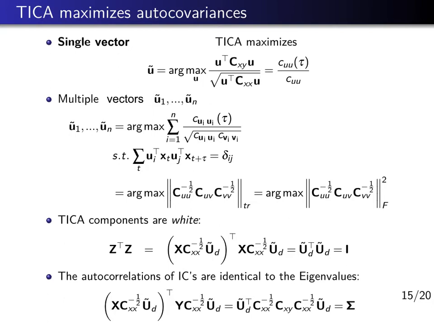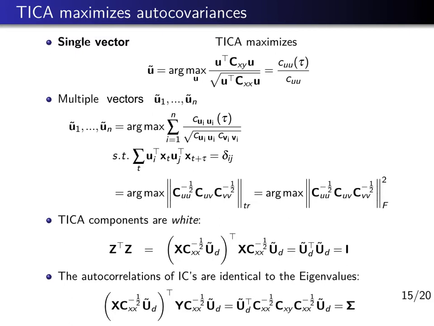latent space signal. Now we consider the time-lagged covariance matrix of the latent space signal. So we essentially do the same computation, but here instead of x times x, we use x and y. So we compute the time-lagged covariance matrix of the latent space coordinates.